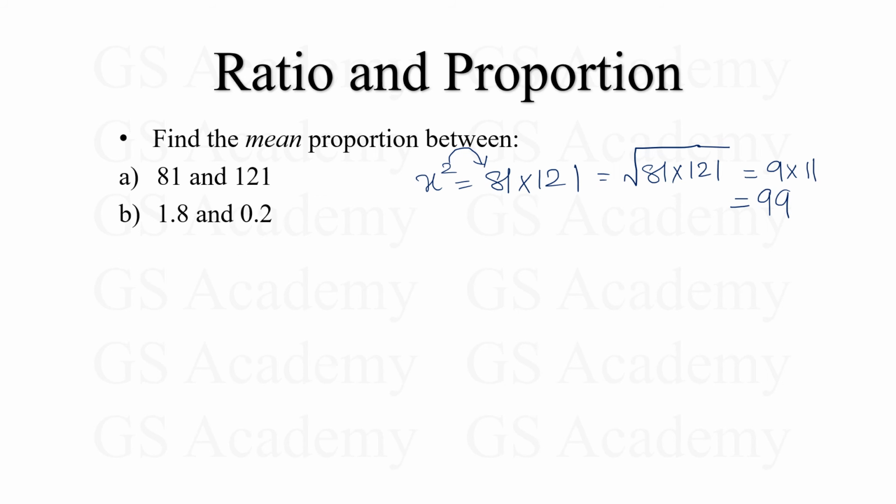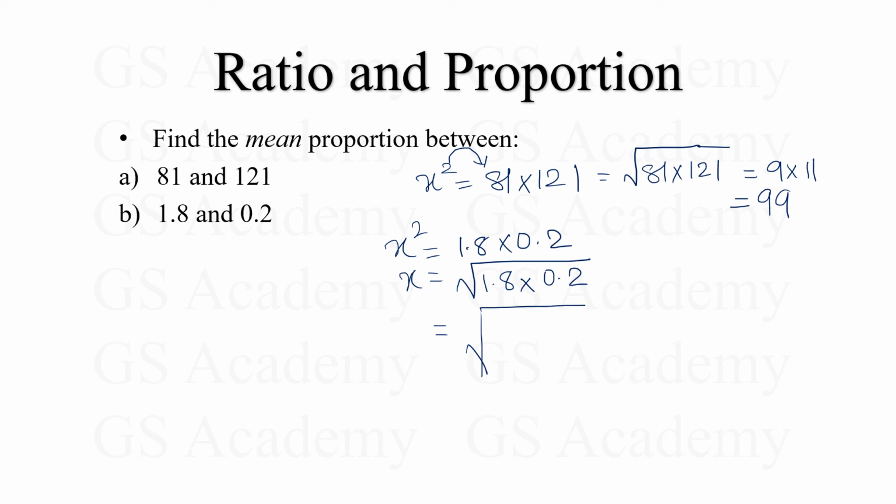Now let's see the second question. This is x square is equal to 1.8 into 0.2. Now this will be x is equal to under root of 1.8 into 0.2. Here first we can remove the decimal and then solve.